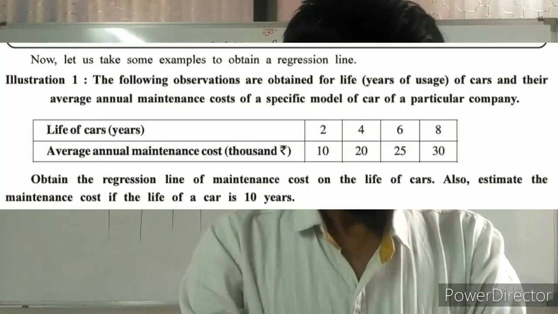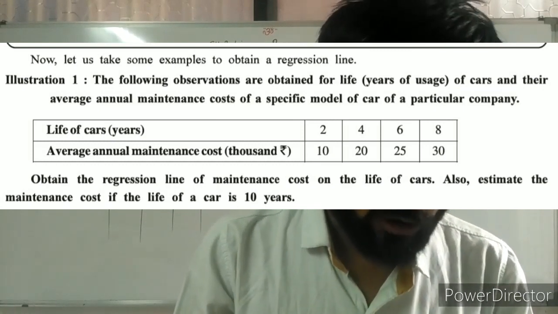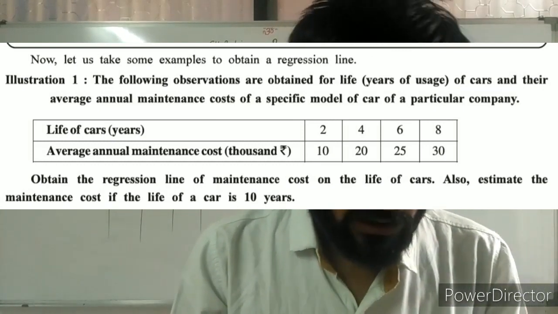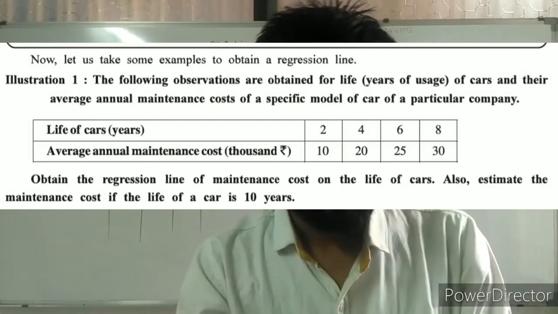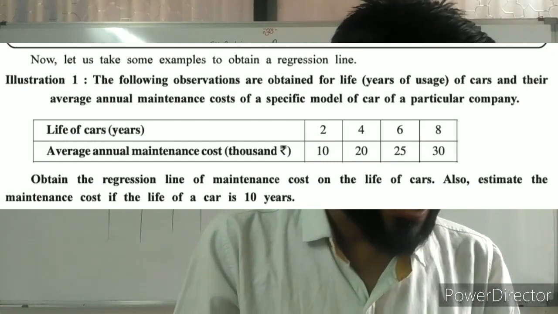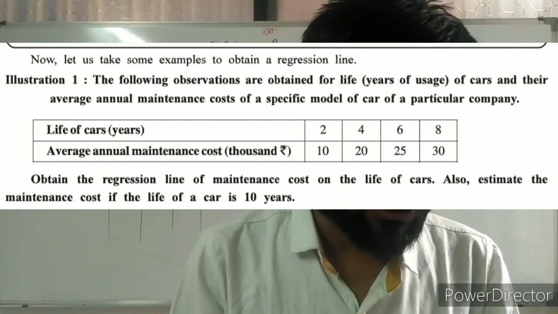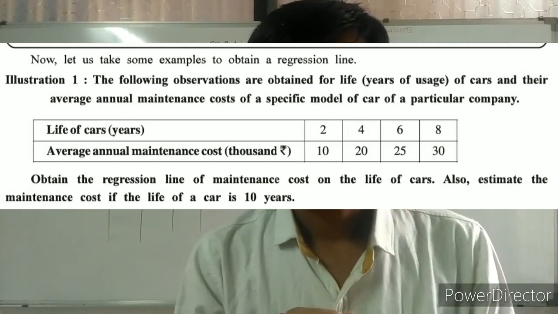Illustration number 1. The following observations are obtained for life in years of usage of the car. It means the life of the car and their average annual maintenance cost of a specific model of a car.